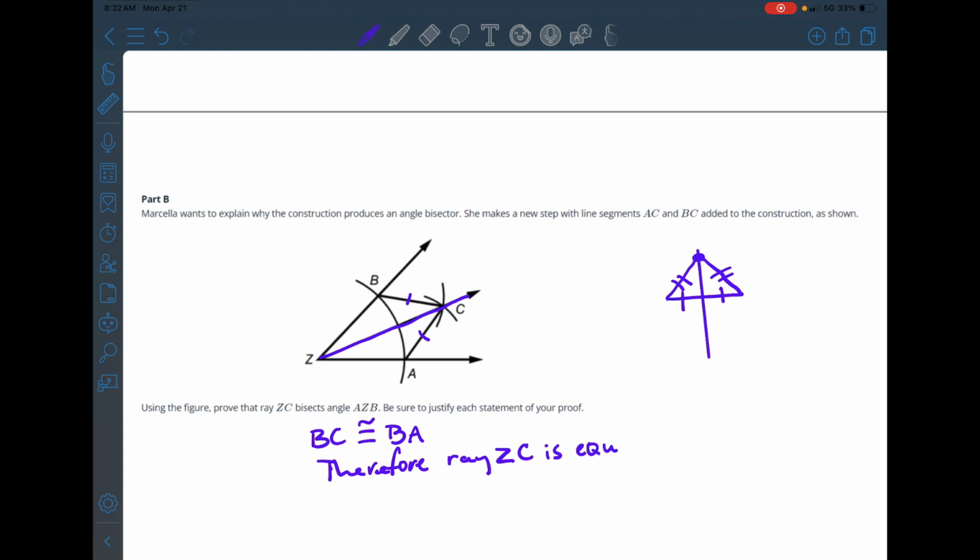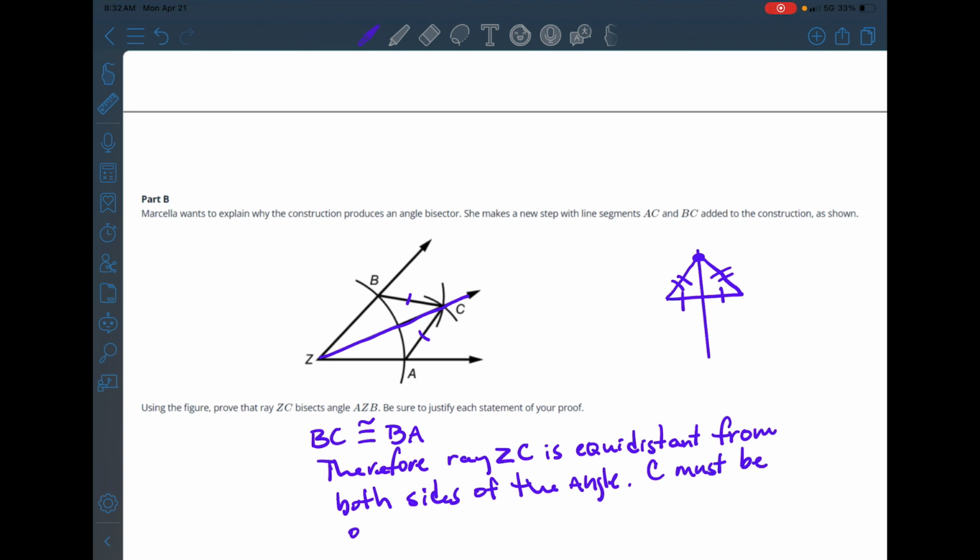There's our word. There's a math word. Equidistant from both sides of the angle. C must be on the angle bisector.